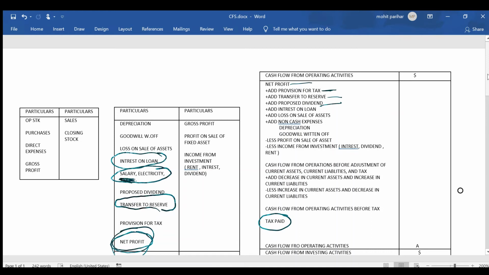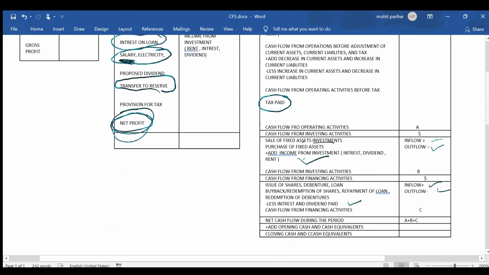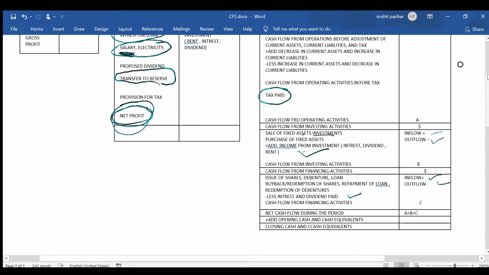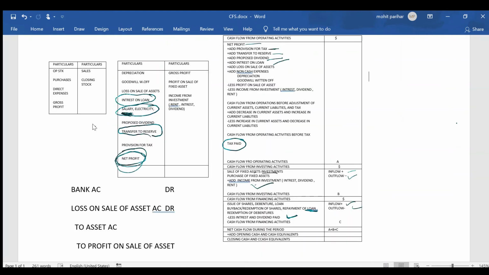So we add back the interest on loan deducted in operating activities and deduct it in financing activities, because interest on loan is a part of financing activities, as it is the interest paid on a loan which we raised to finance our business. Now moving further, our next item is the loss on sale of asset.